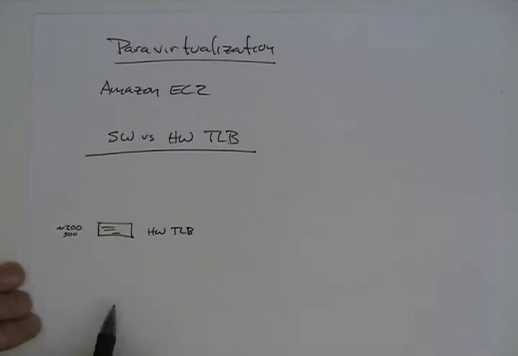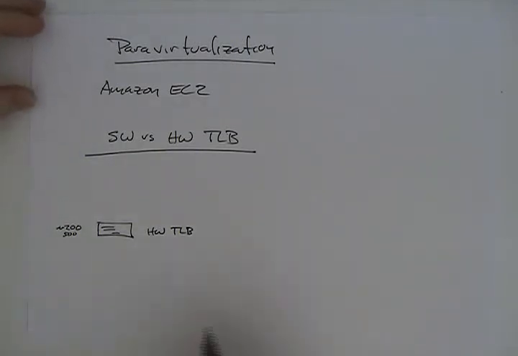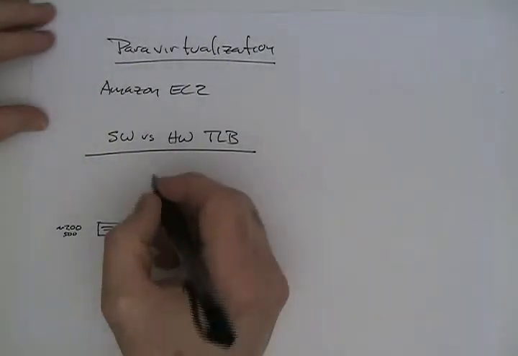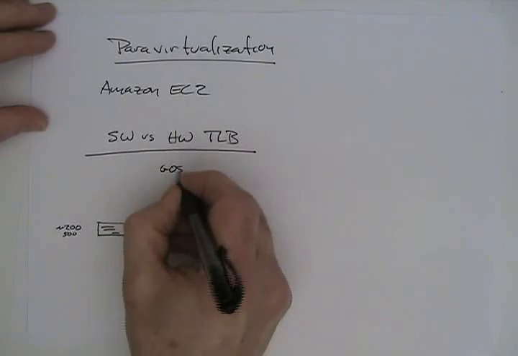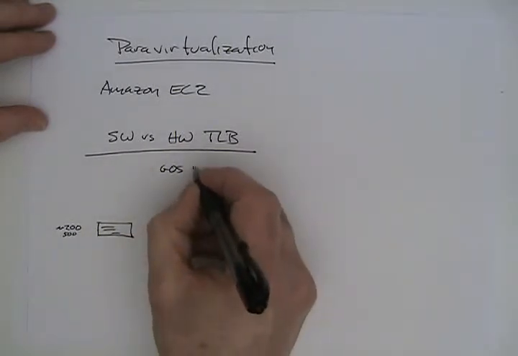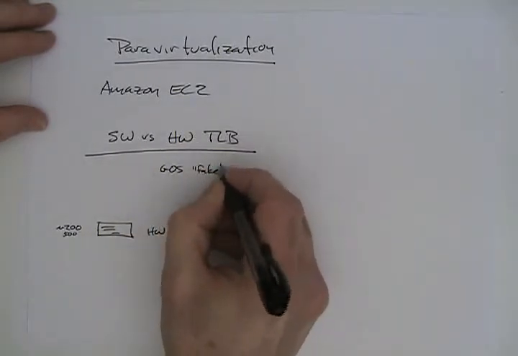It may take some number of dozens of cycles to handle a TLB miss, but it's not a huge amount. However, at the top we have the guest OS's fake page tables.